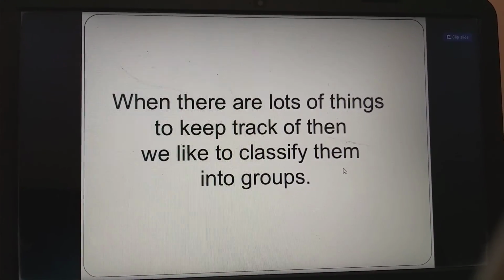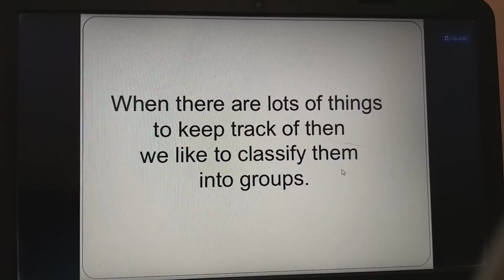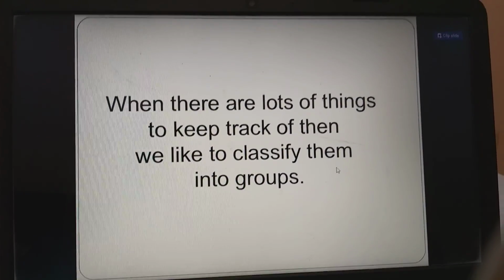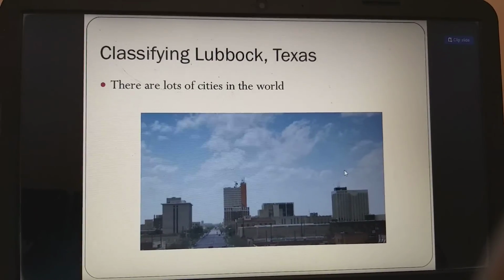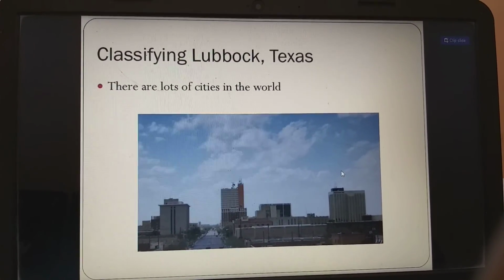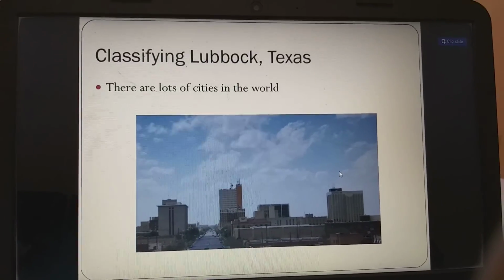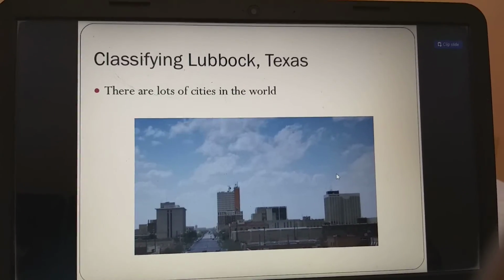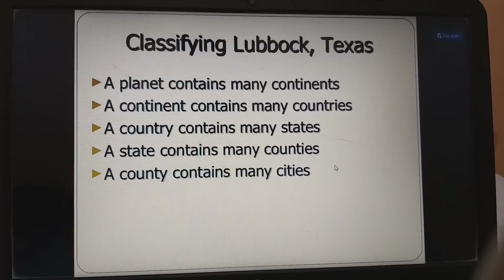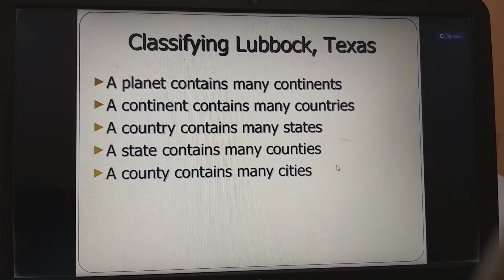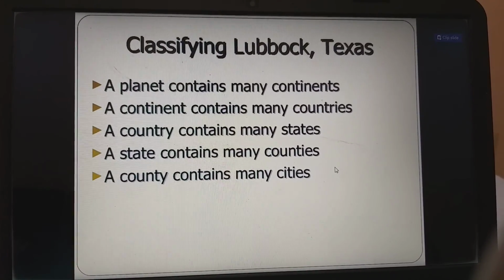When there are a lot of things to keep track of, we like to classify them into groups for easy understanding. There are lots of cities in the world. We can classify the cities based on their surface area, their population, etc. A planet contains many continents. A continent contains many countries. A country contains many states.